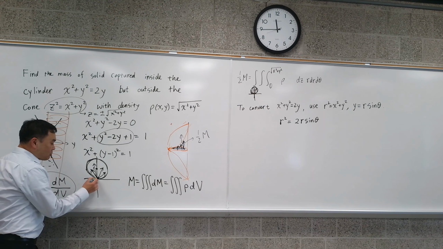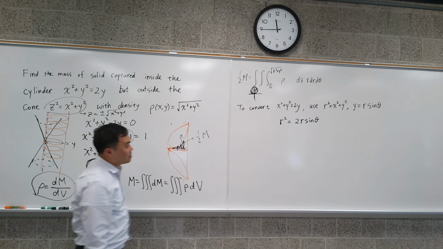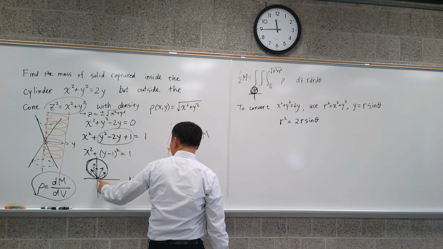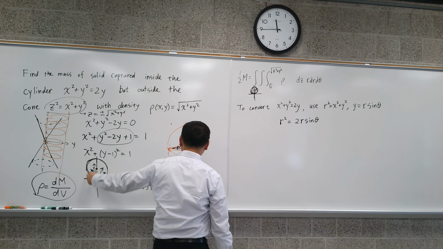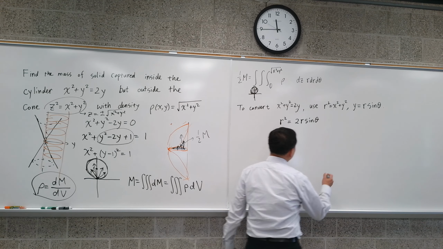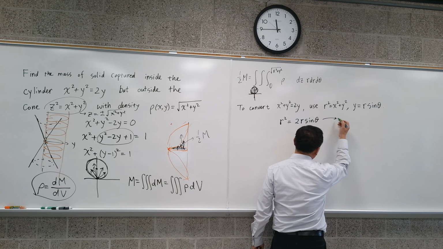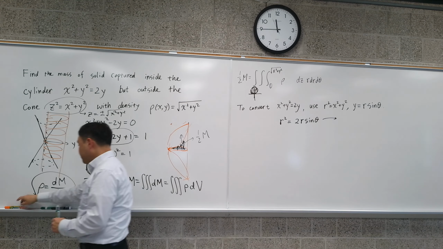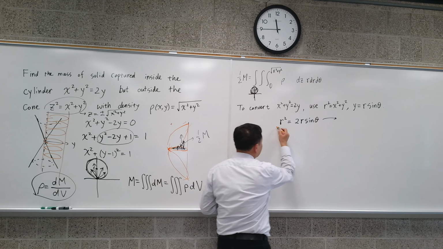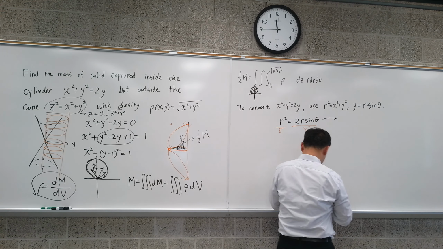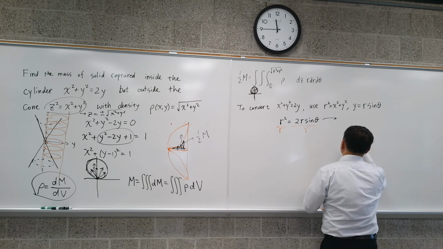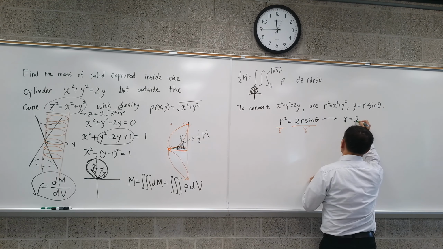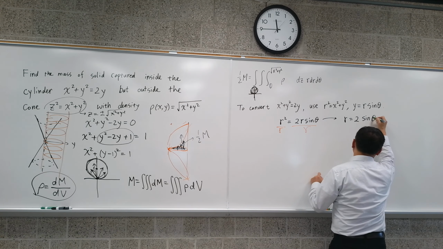Now, r does become 0 right here, but other than that, except for the origin, r is never 0, right? So just be aware of that. We're just going to divide r both sides. If I divide by r, you get r equals 2 sine theta.